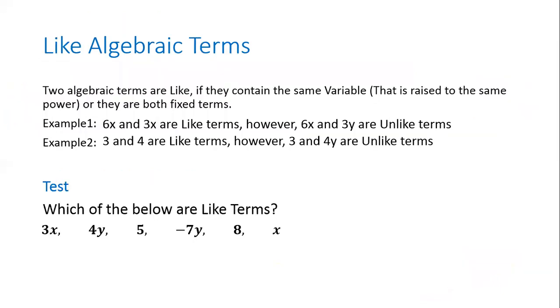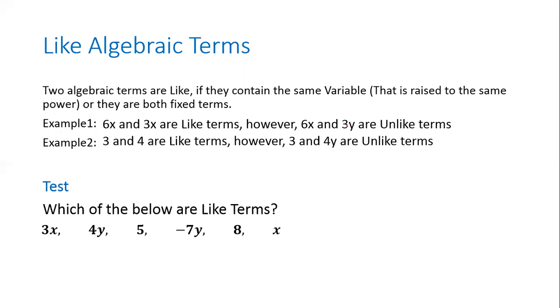Now we introduce like algebraic terms. Two algebraic terms are like if they contain the same variable raised to the same power, or they are both fixed terms. Let's take an example. 6x and 3x. We notice that those two terms both contain x as a variable, so we can call them like terms.